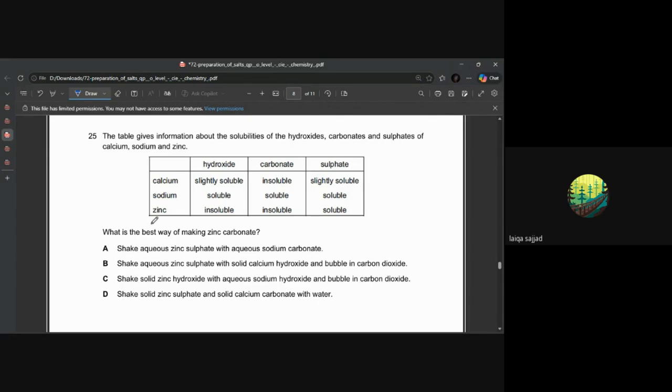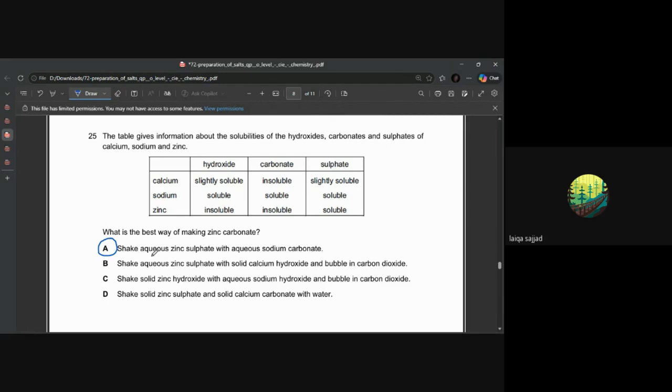It's option A. And how did you find the correct option? Because to perform a precipitation reaction, you must mix two soluble solutions together. Yes, two soluble solutions are mixed together and we get zinc carbonate, which is an insoluble solid.